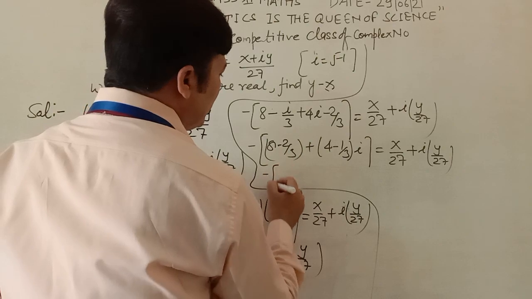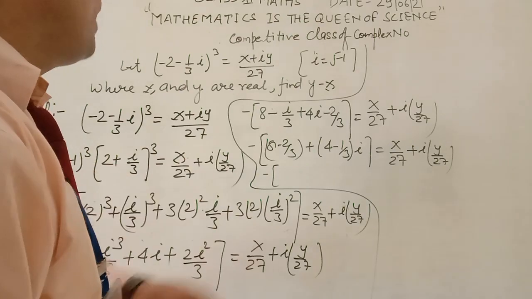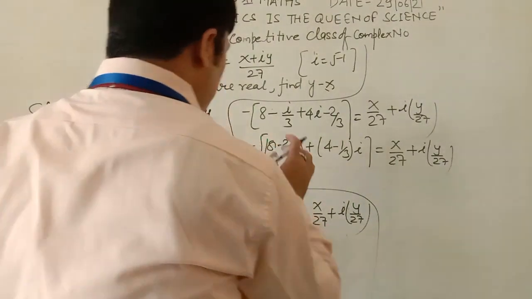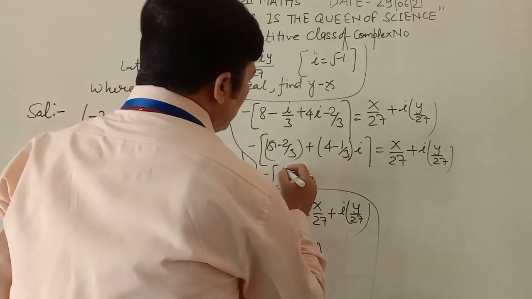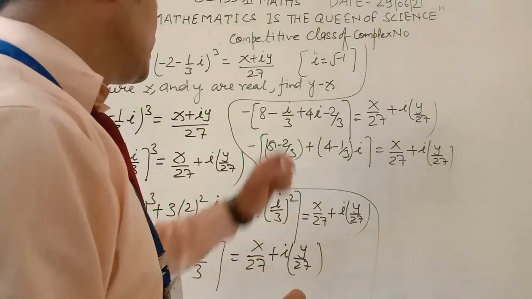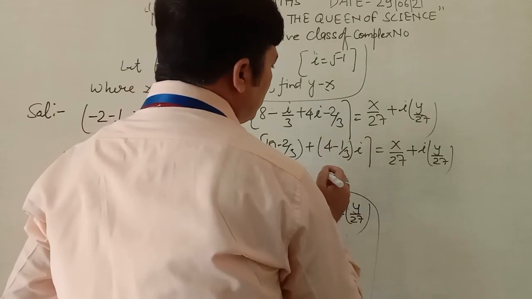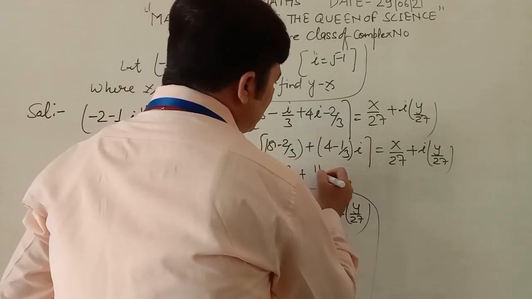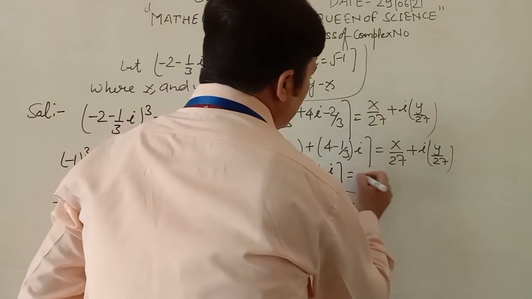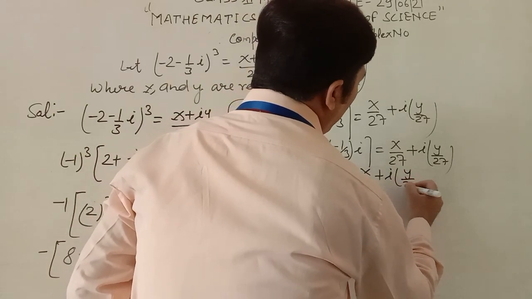This is minus 24 minus 2, which gives you 22 upon 3, plus this gives you 12 minus 1, which means 11 upon 3 i, equal to x/27 + iy/27.